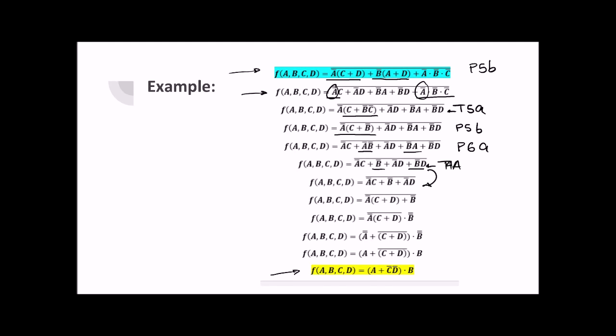We group these two expressions and factor the term in common. We apply theorem 8a by converting the sum into multiplication, and then theorem 8b to convert the multiplication that remains into a sum.